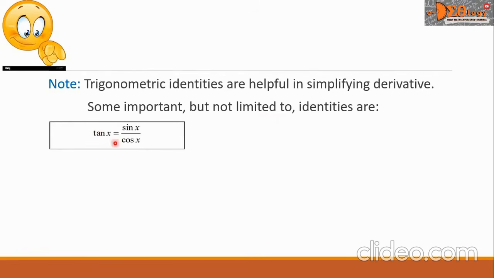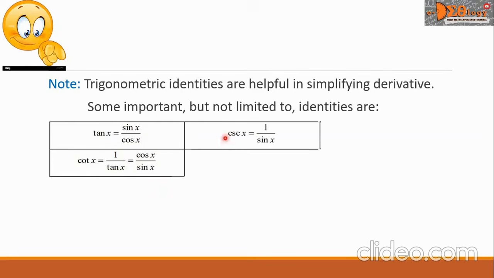tangent x equals the fraction sine x over cosine x. Cotangent x is equal to 1 over tangent x, and this is equal to the reciprocal of this fraction. So we write here cosine x over sine x. Next, we have cosecant x equals 1 over sine x.